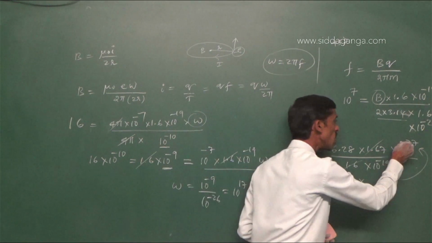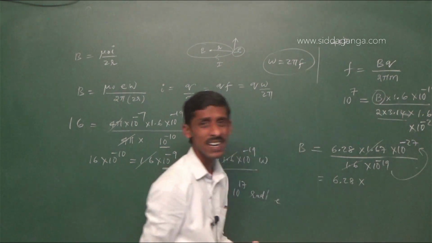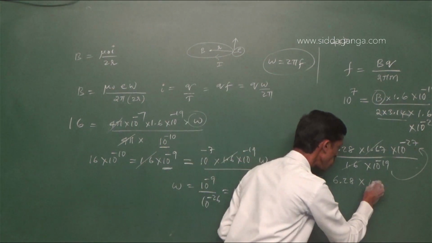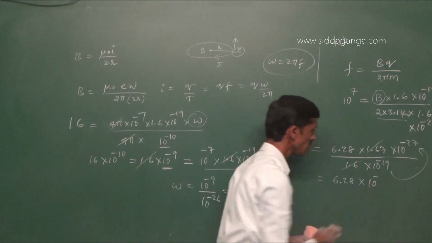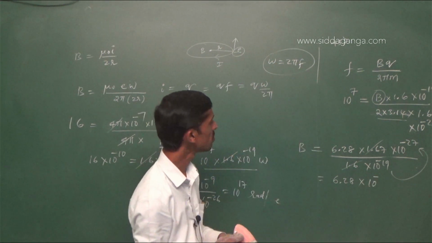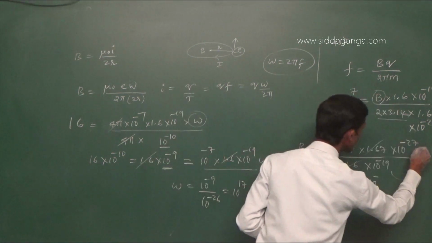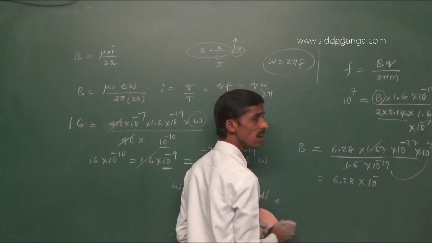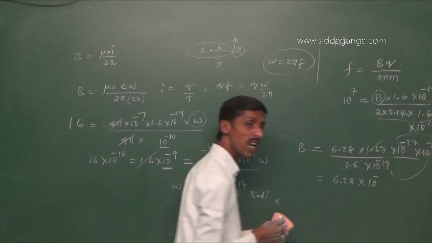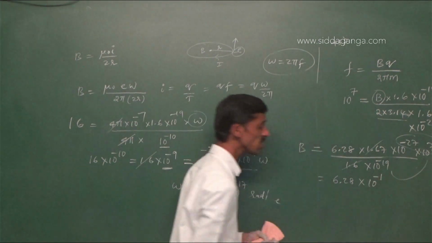So minus 27 plus 19. Anything missed here? Here 10 to the power of 7 is also there, 10 to the power of 7 in cross multiplication. So 10 to the power of minus 20 into 10 to the power of plus 19, that is 10 to the power of minus 1.